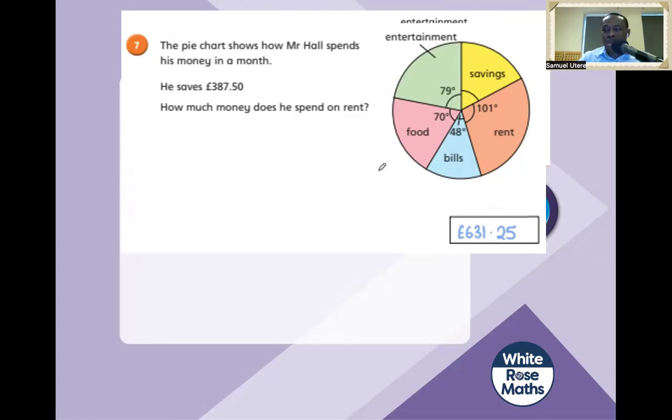First thing, we're going to find out what portion his savings represent in degrees. We know that the total number of degrees of everything we have here, we're going to work out by adding them up.